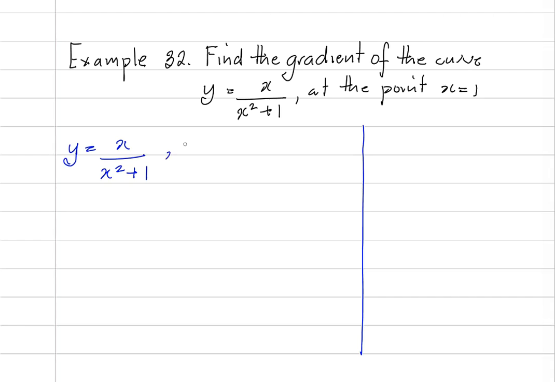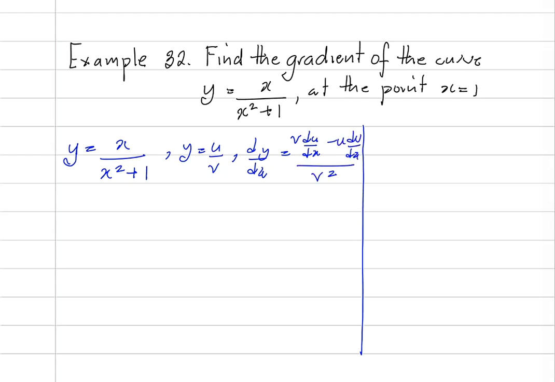So we have, if y is equal to u over v, then dy by dx would be equal to v du by dx minus u dv by dx, all over v squared.